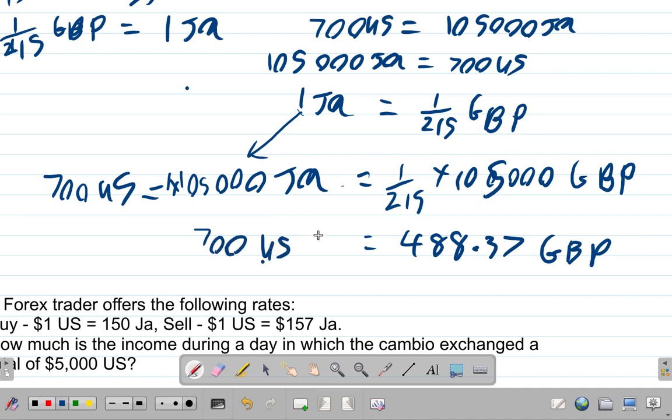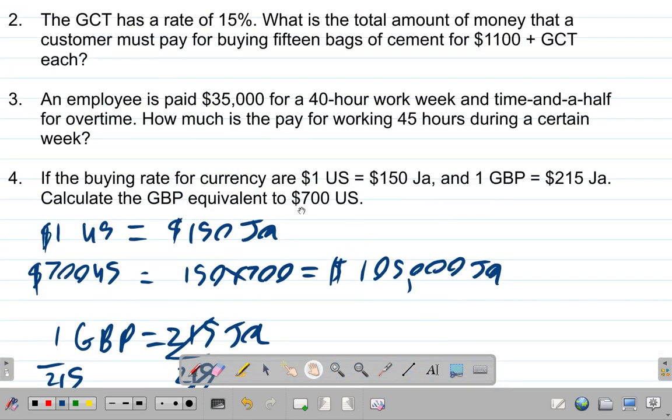That's one way you can work it out, right? So here you know the US to Jamaican and you know the GBP to Jamaican. You can use it to find the GBP to US, or how many GBP to a certain amount of US dollars.